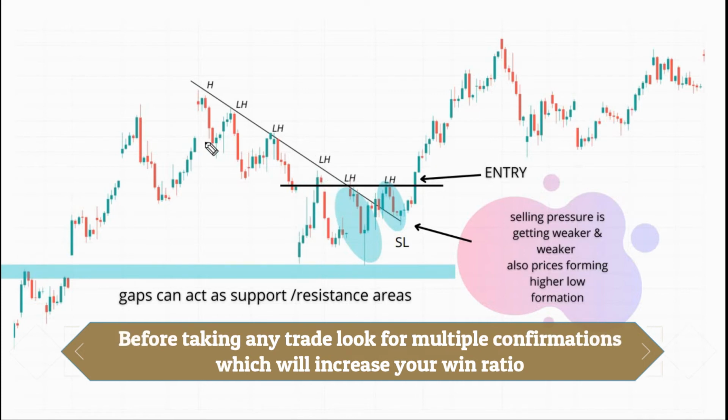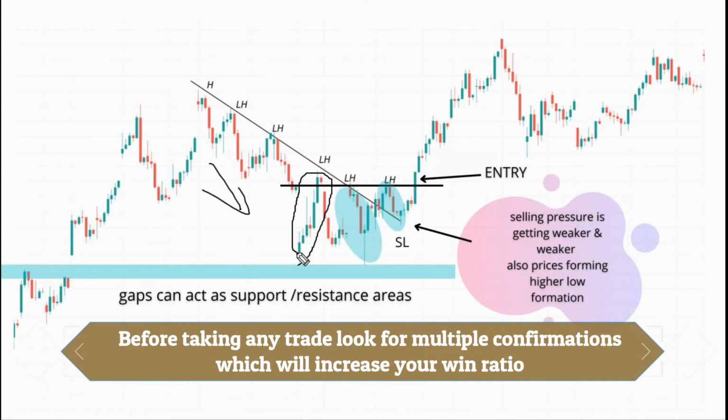Earlier what was happening, the selling pressure was stronger and the buying momentum was very very weak. Okay, but what happened, even after this gap down, prices couldn't break this level and continue its downward momentum. And for the first time in this downtrend, we saw a strong buying pressure.